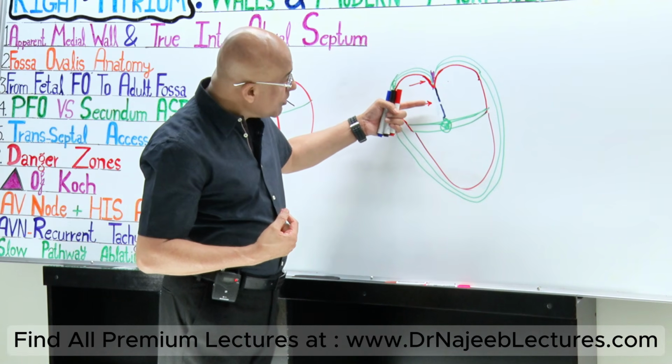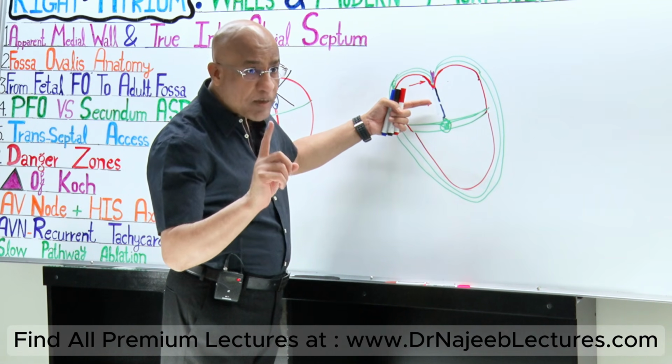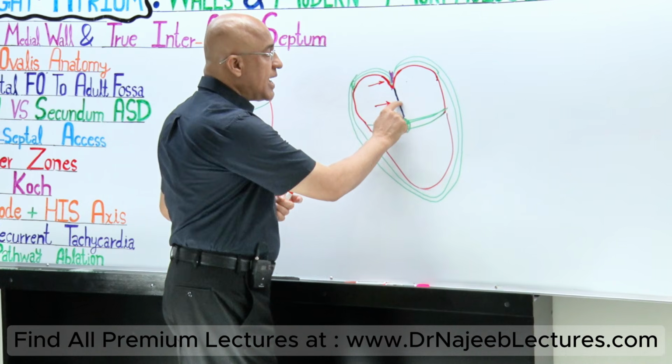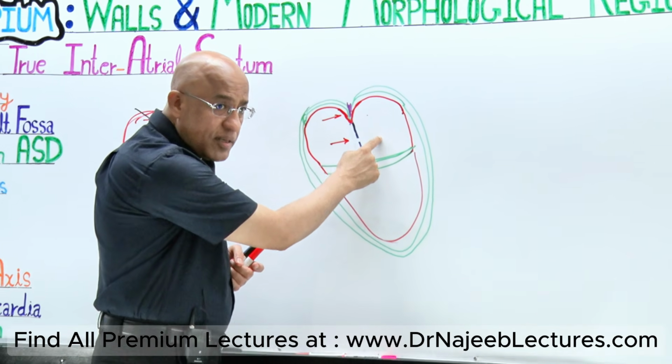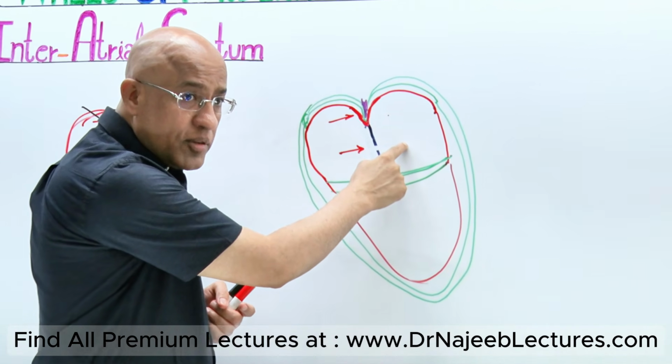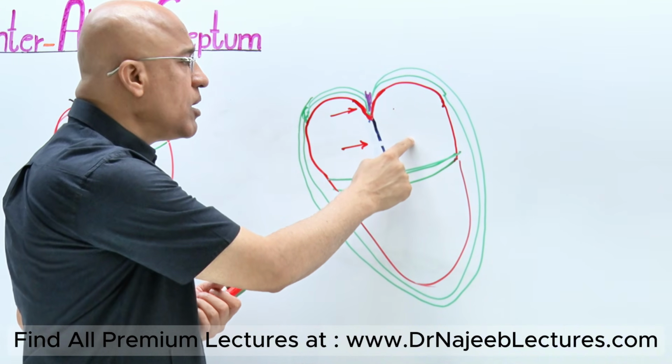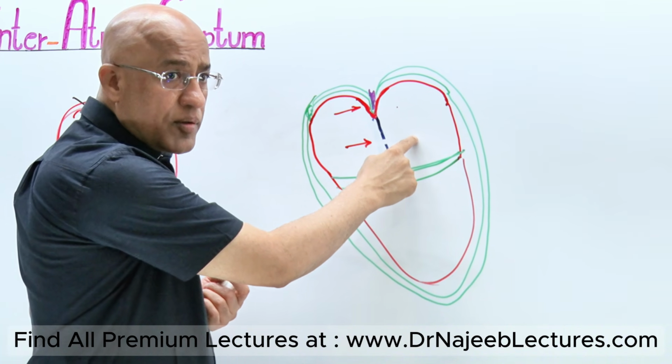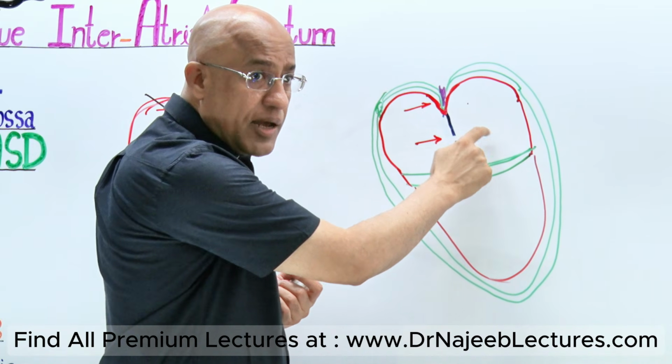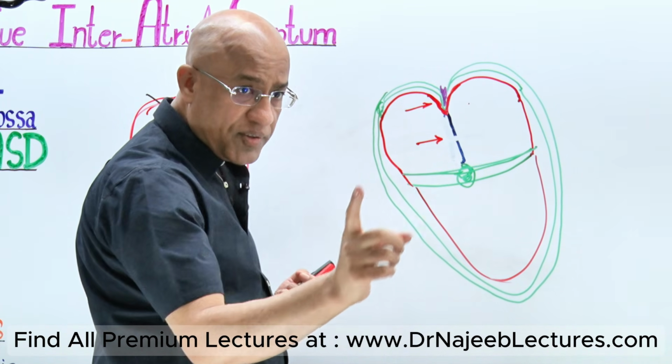From here we make a transseptal puncture and we come to the left side, and then the operator can manage different pathological situations in the left atrium. That I will discuss later.